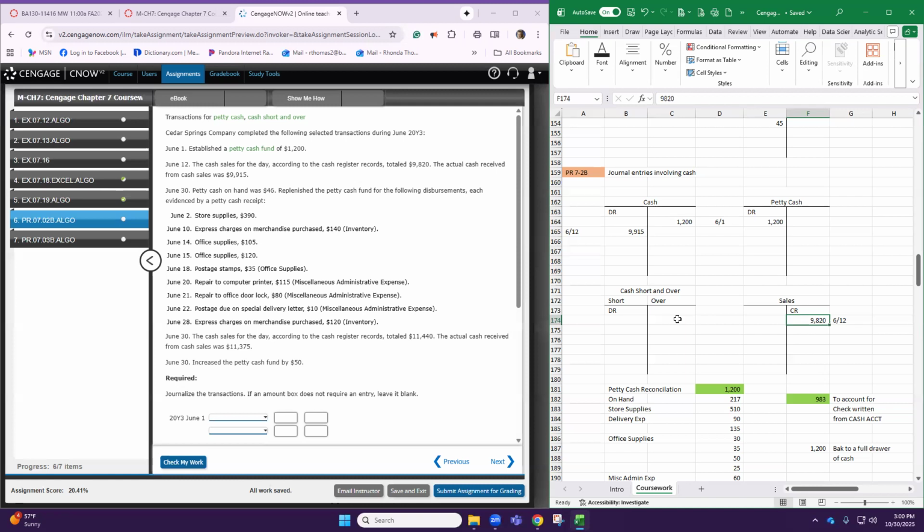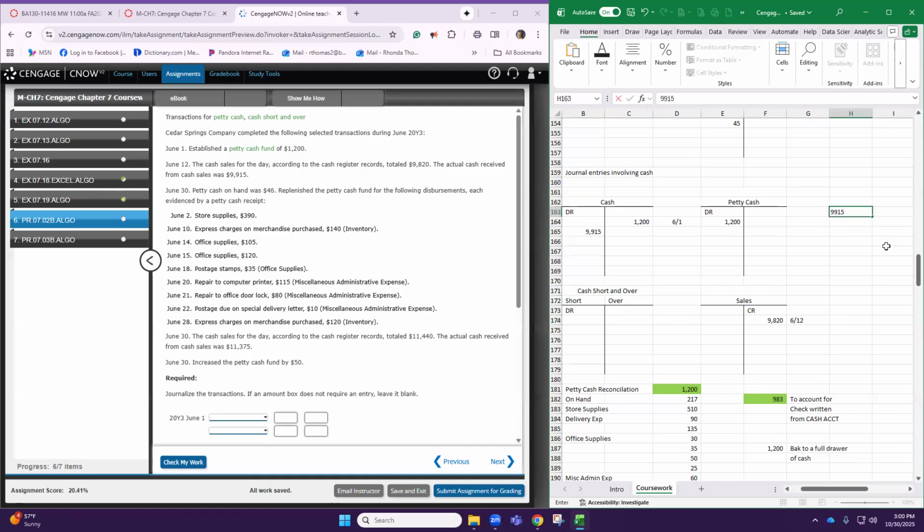Oh, hang on a minute. I'll just do it right here. Okay. Now, just so you can see it too, take the amount of cash and subtract the cash register tape amount, and we want this subtracted.